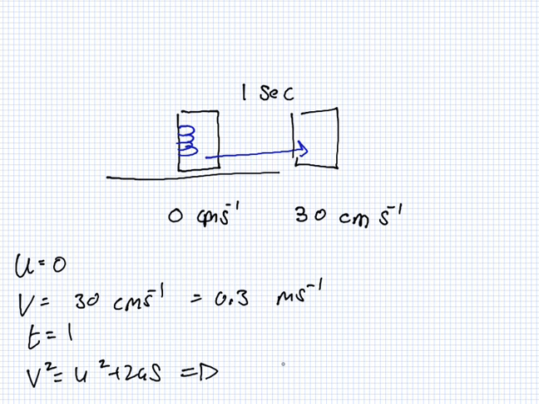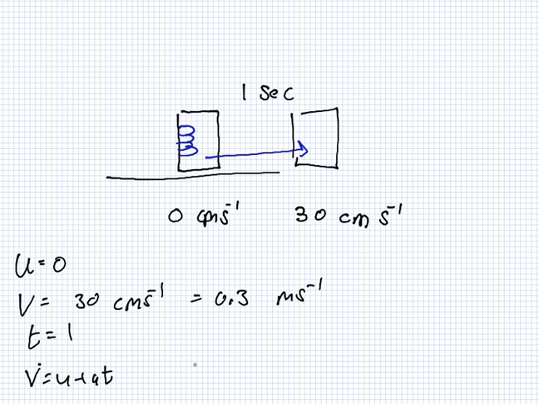So that means 0.3 squared equals 2... Oh wait, I can't use this one. Rats. Wrong one. You can use A is equal to V minus U over T. Well, it's not on there. I'll get it. V equals U plus AT? Oh yeah, of course, the basic one. The definition. V equals U plus AT.